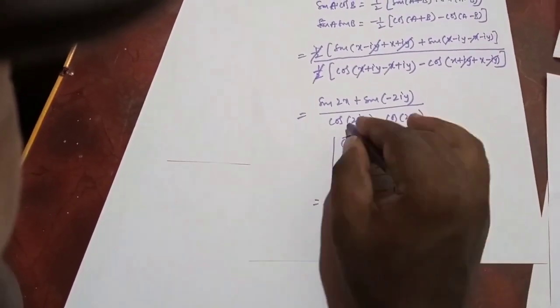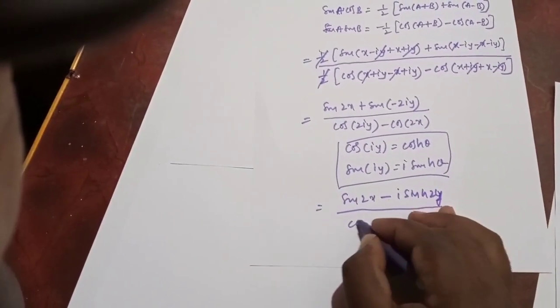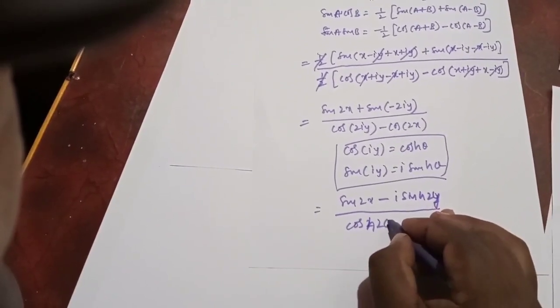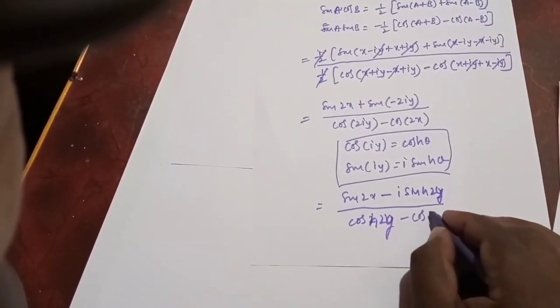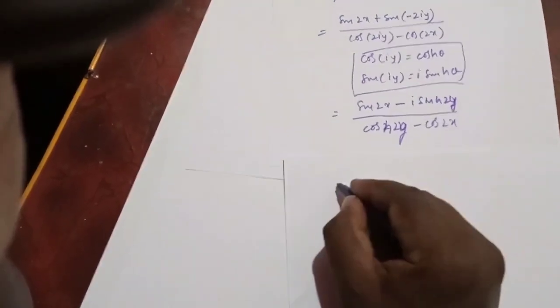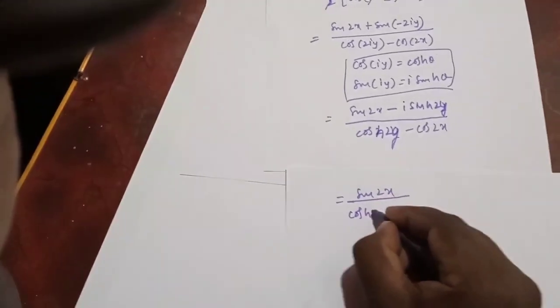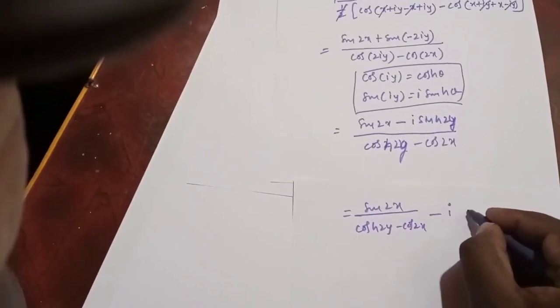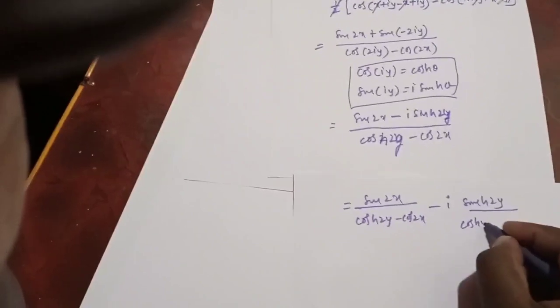Divided by cos 2iy, so cos hyperbolic theta, cos hyperbolic 2y, minus cos 2x. Next, here separate the real and imaginary part. Sin 2x by cos hyperbolic 2y minus cos 2x, minus i into sin hyperbolic 2y by cos hyperbolic 2y minus cos 2x.